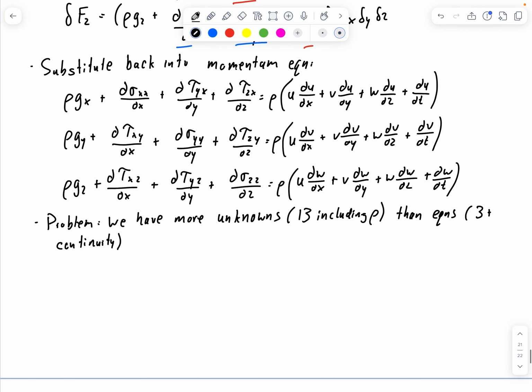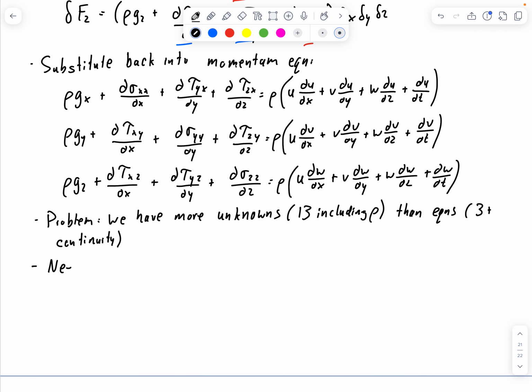And so what we need to do is define some expressions for the stresses in terms of velocity and pressure fields.